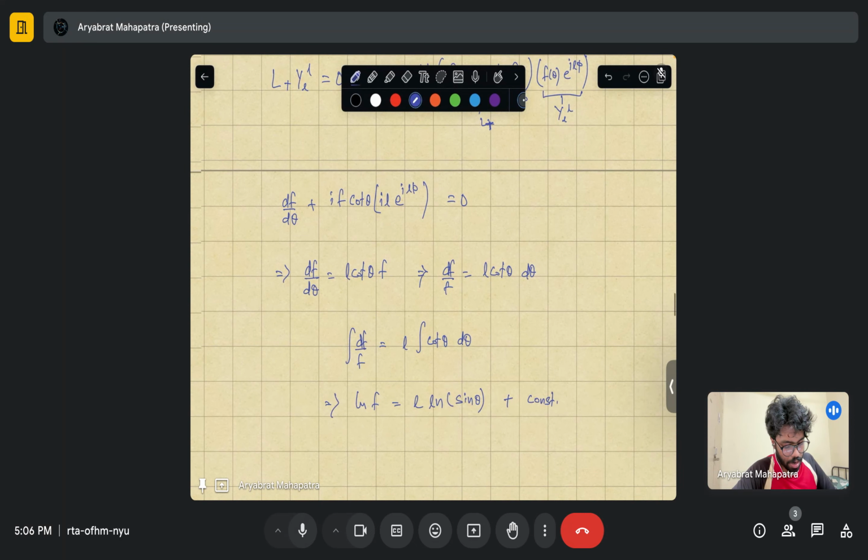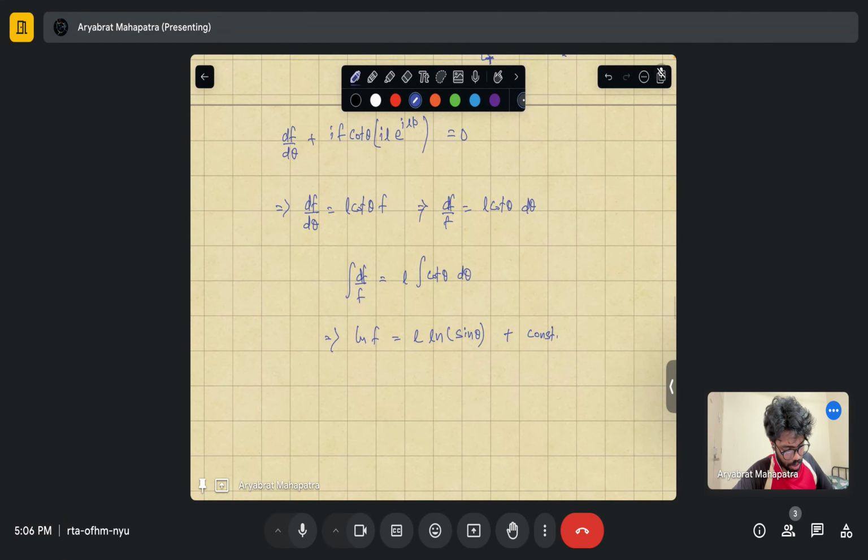So from here I can simplify further. Since L is there, from the logarithm property I can take this factor as a power of the argument of the logarithm. Then the logarithm of f by sine to the power L theta is some constant.